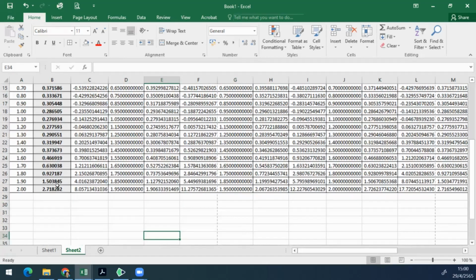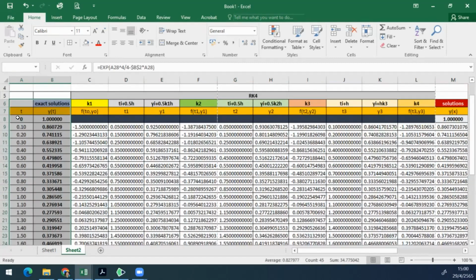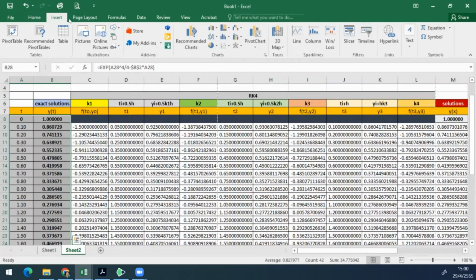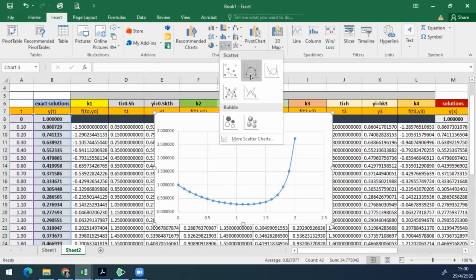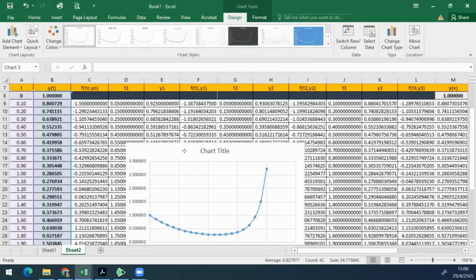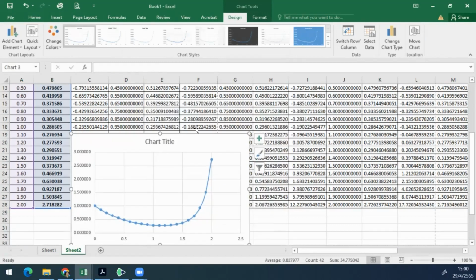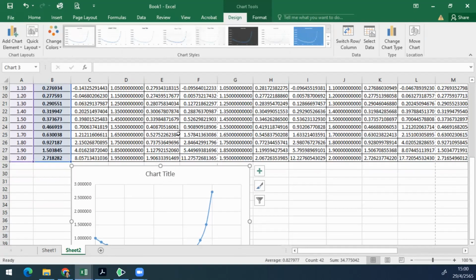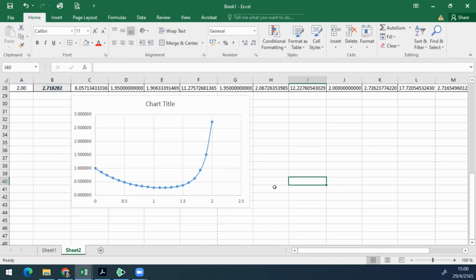Then if we plot the graph of this function, you see that, okay, what happened to the graph? For this case, when x equals 1.5 and in this range, the slope changes very fast, right?